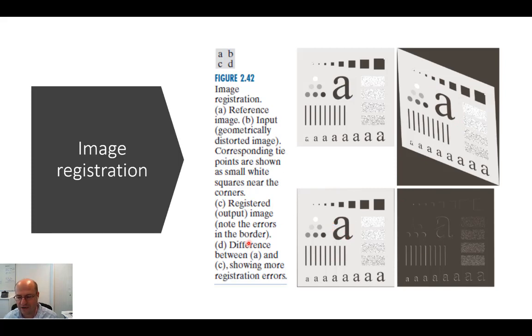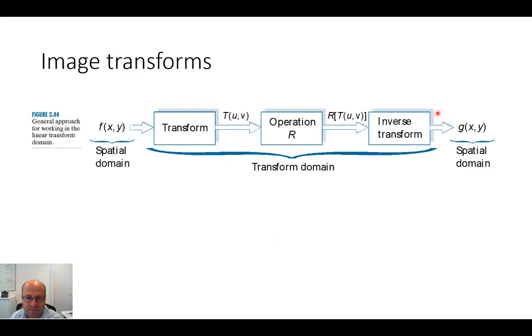Because the book says it, and also because if you get this image and subtract it from the original image, I have this. So this is the difference. These are artifacts that were introduced in the resulting image by the registration operation.